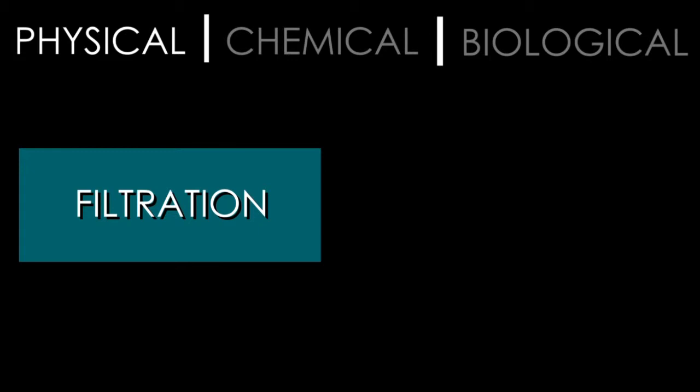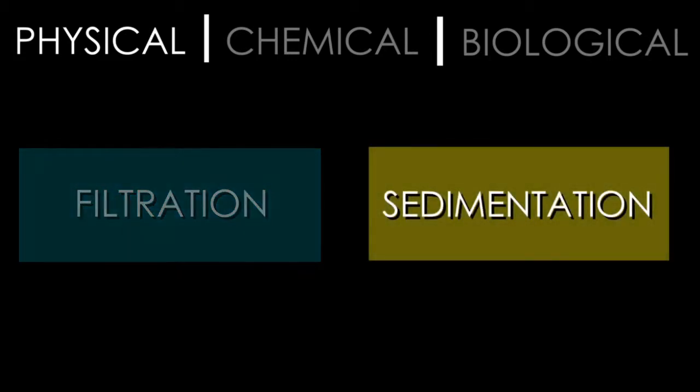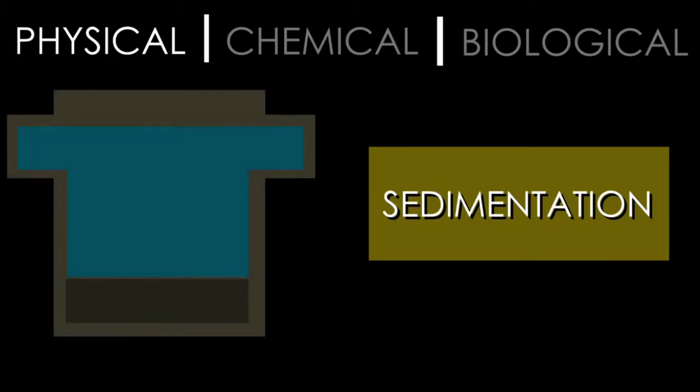Our other physical process is sedimentation. Sedimentation of particles is another important physical process used in many stormwater practices. In sedimentation, the particulate pollutants sink within the stormwater device fast enough to accumulate at the bottom.